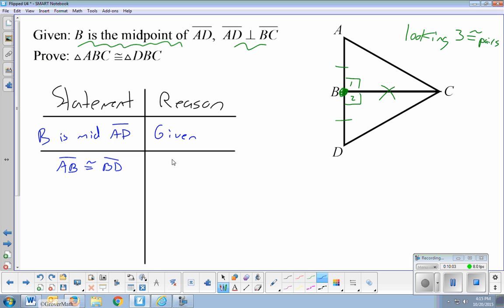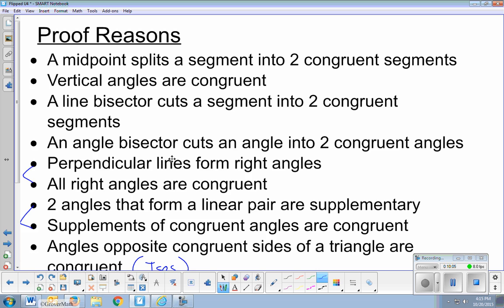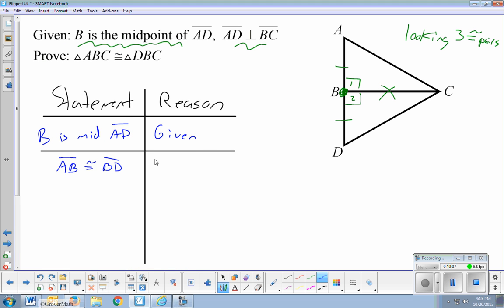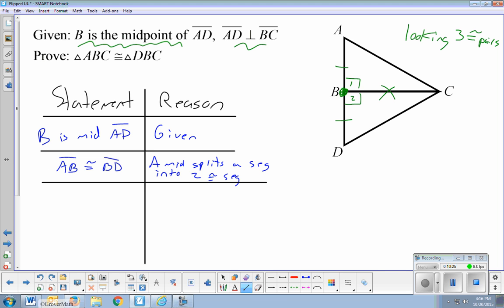And our reason, again, if you don't remember how to word it, use this as a cheat sheet: a midpoint splits a segment into two congruent segments. All right, so right there, got that.